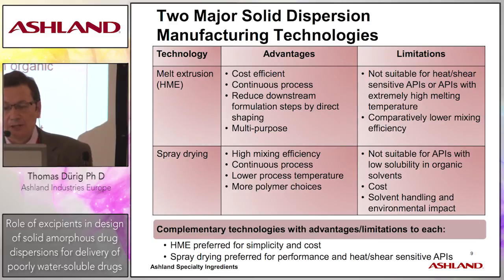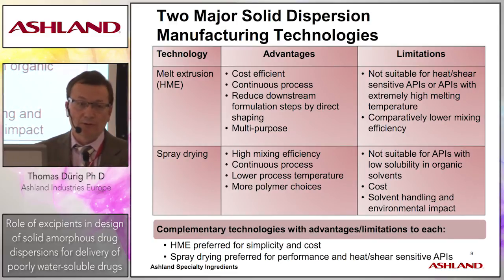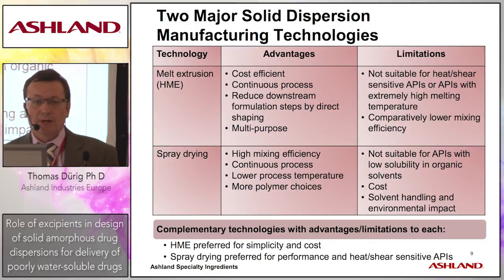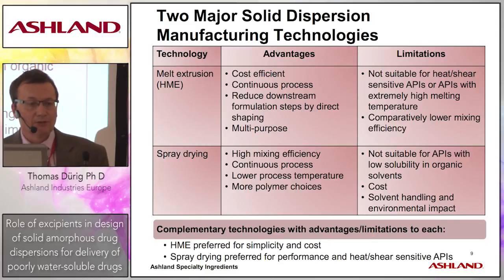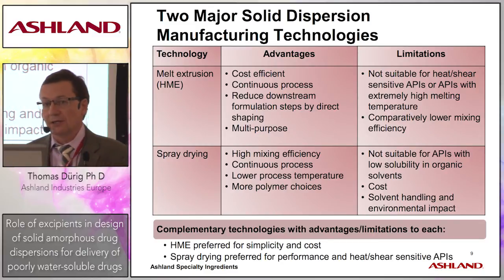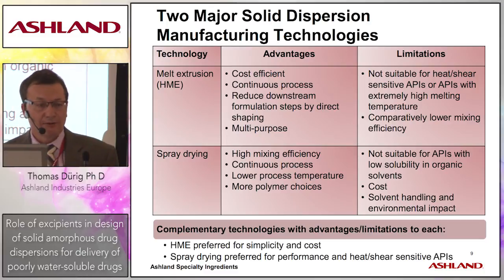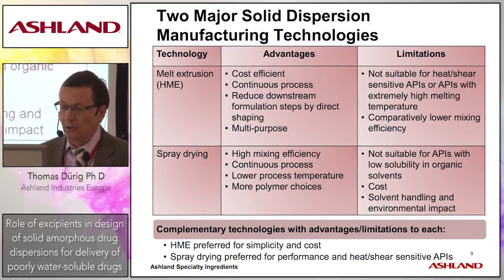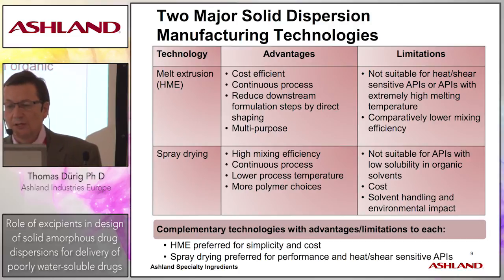However, some of the limitations are that it's clearly not suitable for all APIs, because by definition, hot melt extrusion will mean that the API needs to be able to withstand some kind of heat treatment. For thermolabile compounds, this can be a challenge.